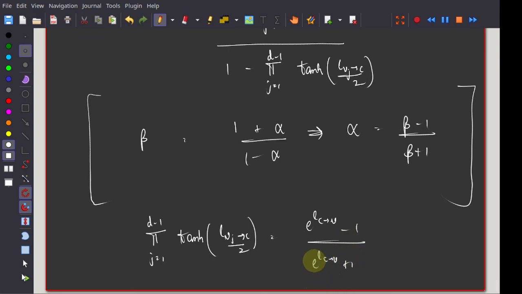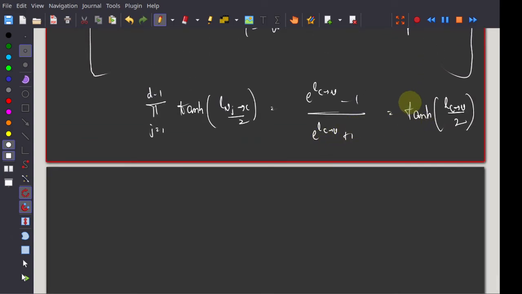But what is this equal to? Correct. So it is tanh of L_cv divided by 2. So now if I want to compute L_cv, I just have to do tanh inverse.